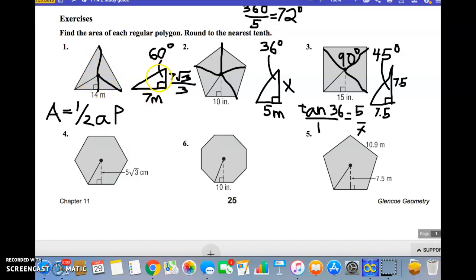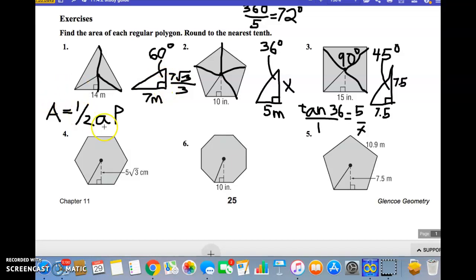And notice that 60 is a special right triangle angle. This triangle would be a 30, 60, 90. So if you take your 7 meters from before, divide by radical 3, and rationalize it, you get 7 radical 3 over 3. That is your apothem.